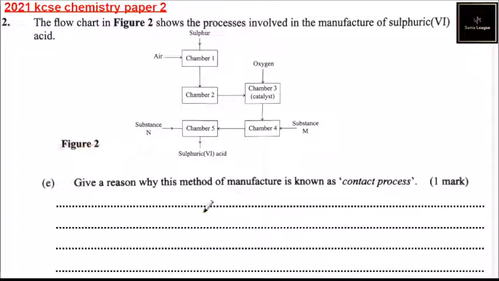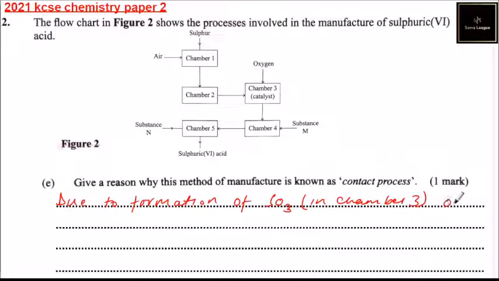The reason why it is called contact process is due to the formation of sulfur trioxide in chamber 3.